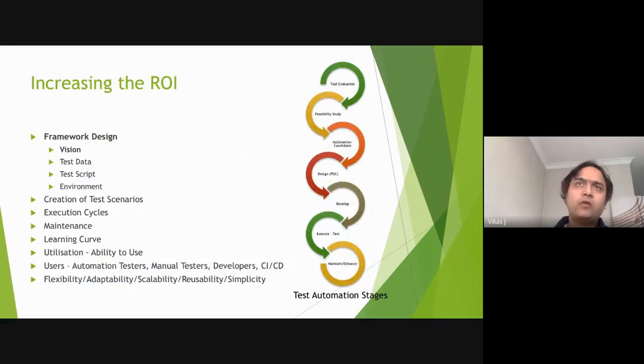Now, how do we increase the test automation ROI? As I said, each of the steps earlier that I had mentioned is a potential enabler for improving the test automation ROI. So when you do a framework design, you should have a vision, the big picture, the futuristic view.